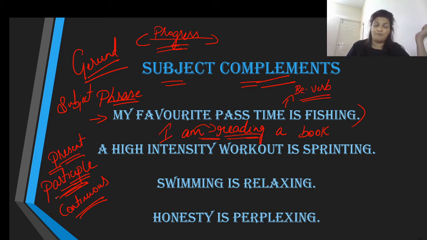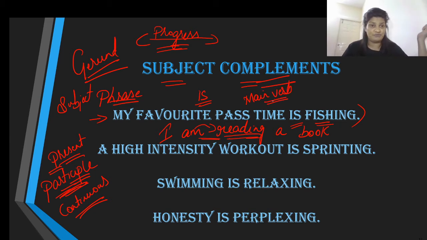All right. But when you take a look at this statement, "My favorite pastime is fishing," the be verb is not functioning like a be verb. In fact, it is functioning like your main verb.